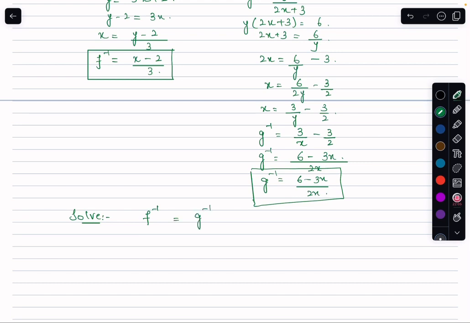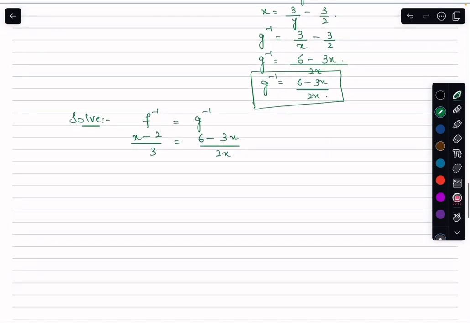So I will be equating both the equations, and I can say this is x minus 2 divided by 3, and this is equals to 6 minus 3x divided by 2x. Solving it further, it is 2x times x minus 2, which is equals to 3 times 6 minus 3x, or it's 2x square minus 4x, which is equals to 18 minus 9x.